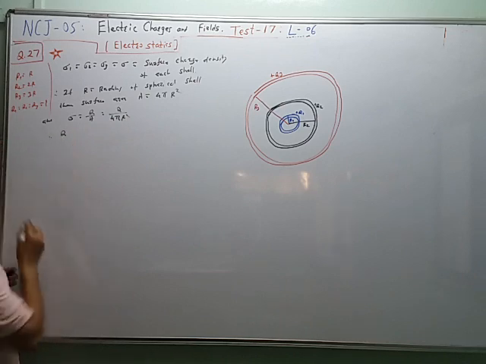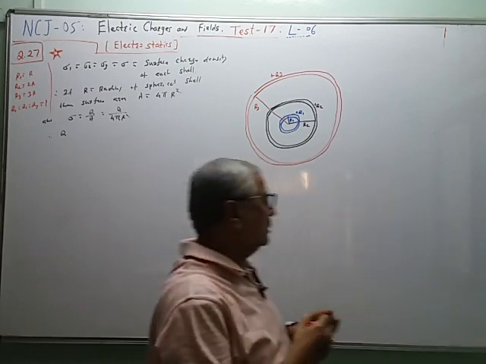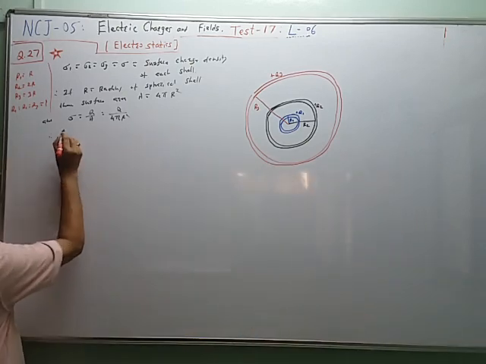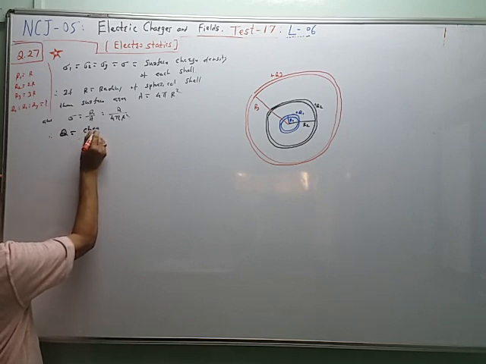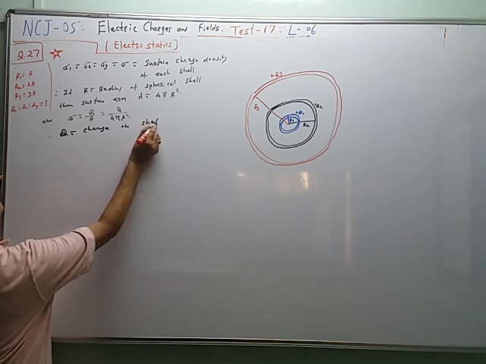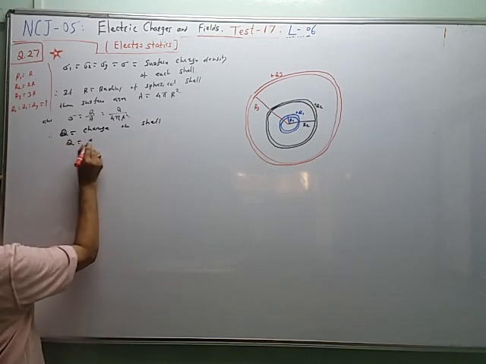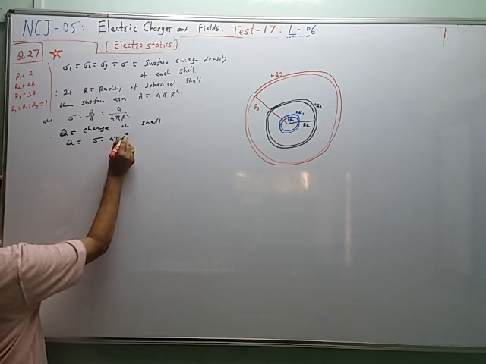Therefore, Q is equal to the charge on the shell, so Q is equal to sigma multiplied by 4 pi R square.